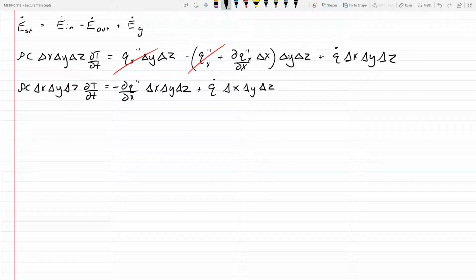Our last step here is just going to be recognizing we have this delta x, delta y, delta z term throughout. We're going to again cancel that all out.